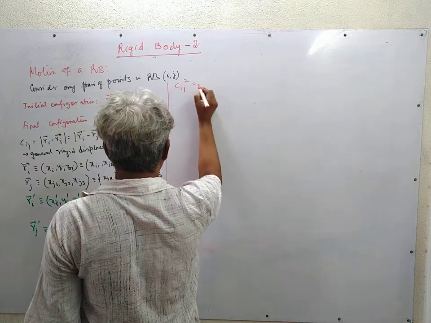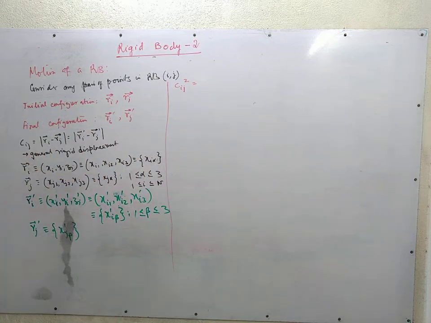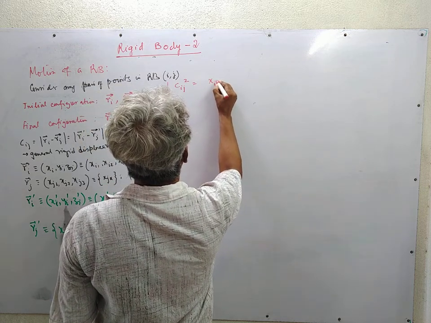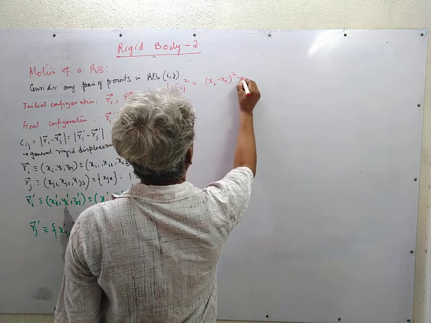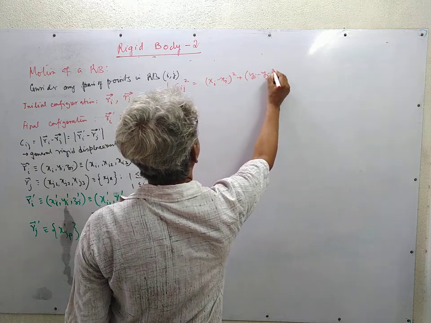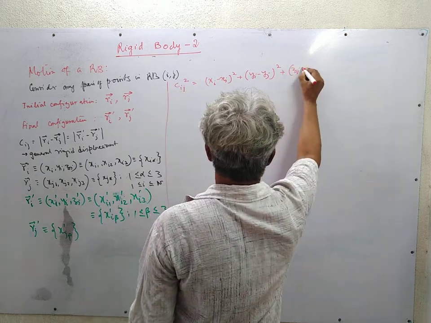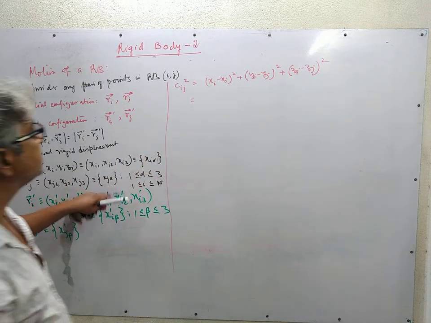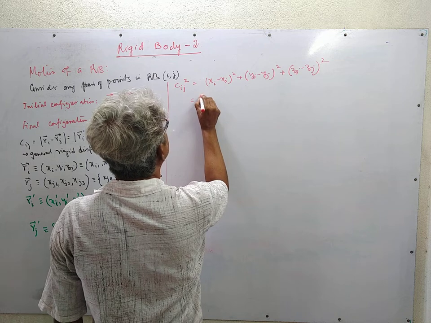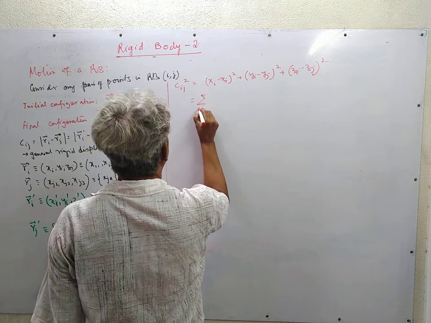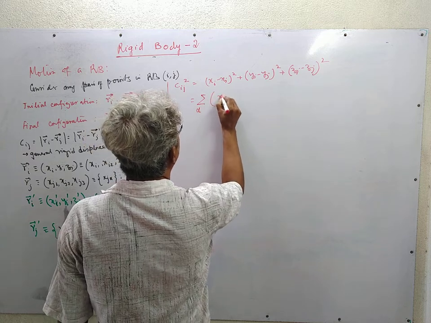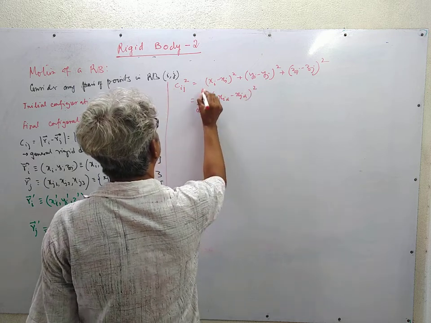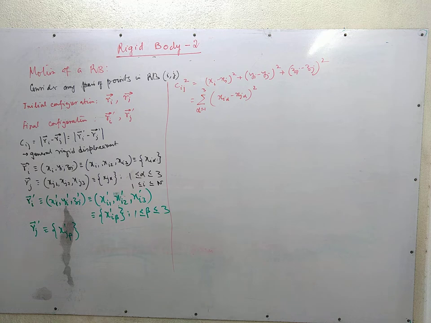Cij square, if we write it in the unprimed frame, is basically xi minus xj whole square plus yi minus yj whole square plus zi minus zj square, which in this notation becomes the summation over alpha, alpha equal to 1 to 3, of (xi alpha minus xj alpha) square.